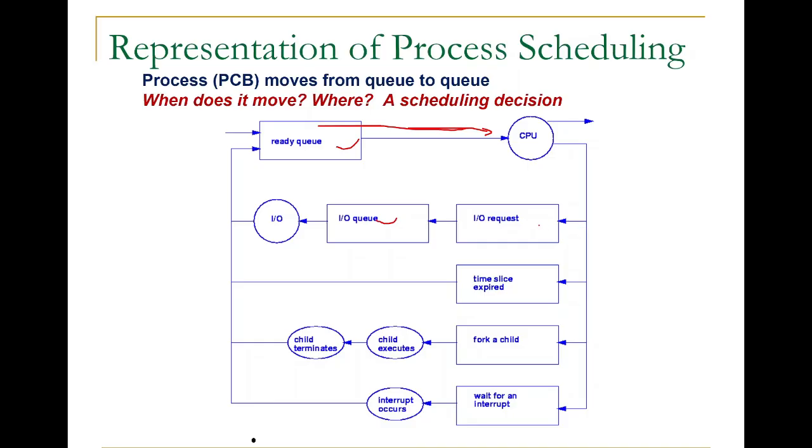So it will make an IO request, and once it makes an IO request, it is moved to the IO queue. It stays in the IO queue until the IO is available for it to use. Once it's completed, it is returned back to the ready queue to continue its work.